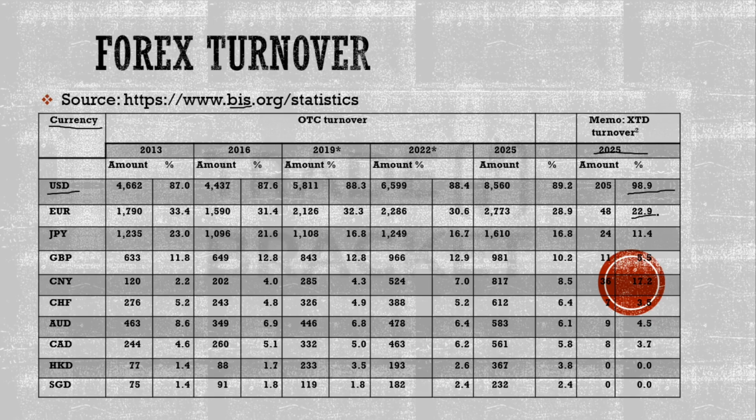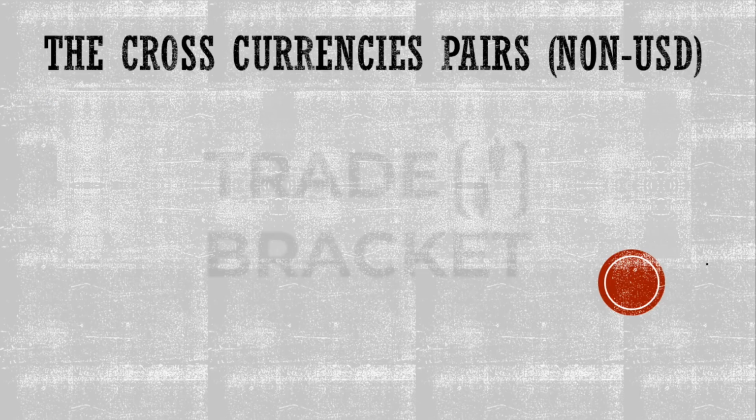Then the euro contributes 22%. Then the JPY contributes 11%. Then the GBP contributes 5% of the turnover. You can go and check that out on their website. The Chinese yuan, the Swiss franc, and so on. Let's move on.